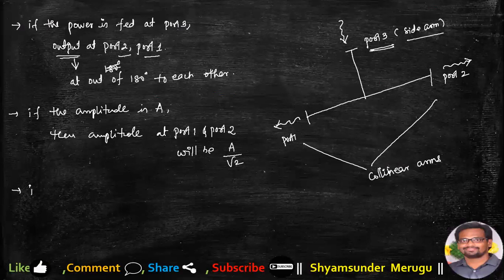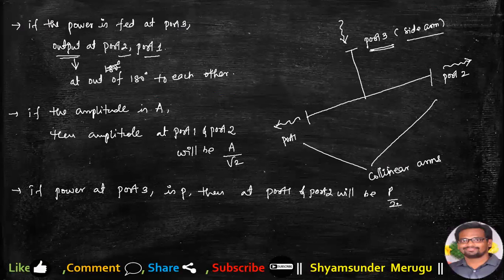And if the power at the input port, port 3, is P, then at port 1 and port 2 it will be P by 2 each. So the power fed at port 3 will be equally divided into port 1 as well as port 2.